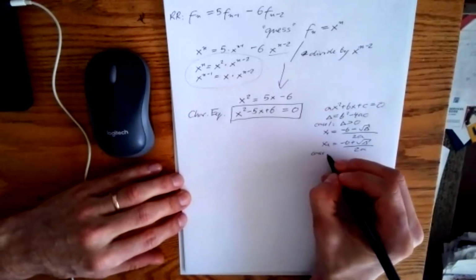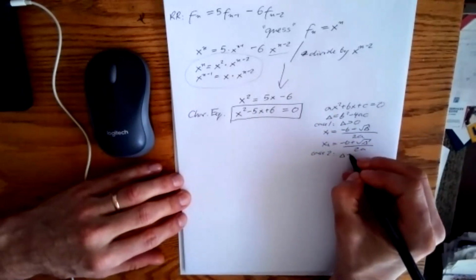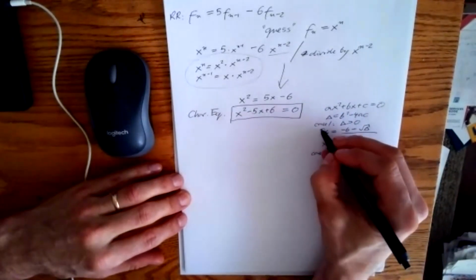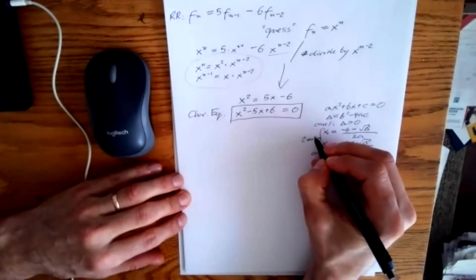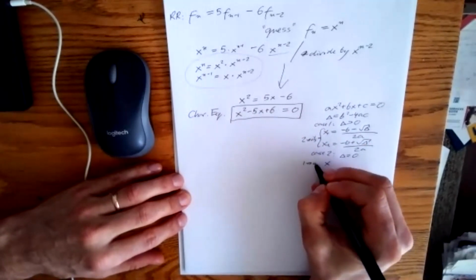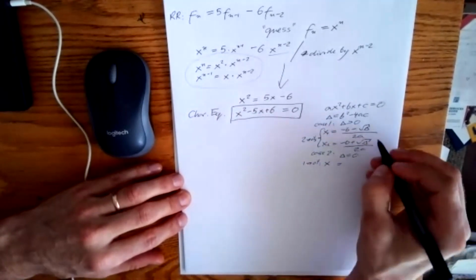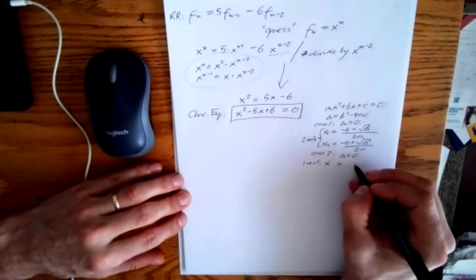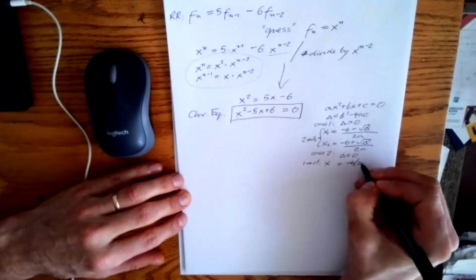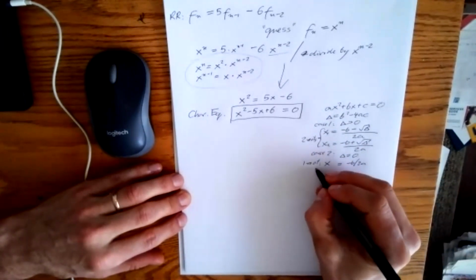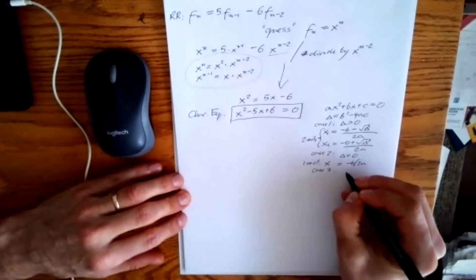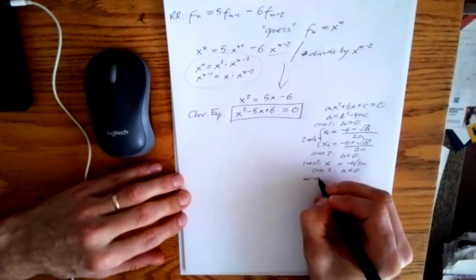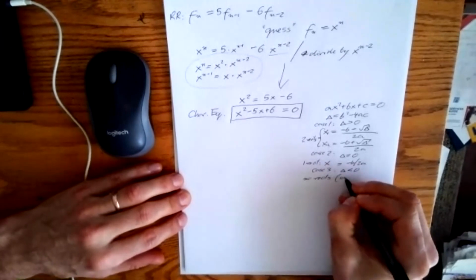Or case 2, delta is 0, where basically there's one root. Delta falls out, because the square root of it is 0, so it's just minus b over 2a. Or case 3, delta is smaller than 0, and it basically means no roots, at least over the reals.